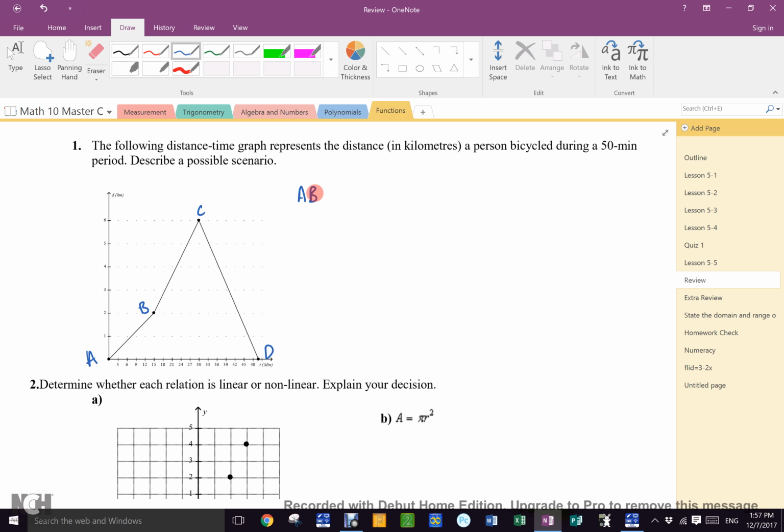Is that how we do speed? No. We always do our speeds per single units, right? So we could have done kilometers per minute or kilometers per hour, right? We never do that. So Jack's sitting really comfortably at a 3.